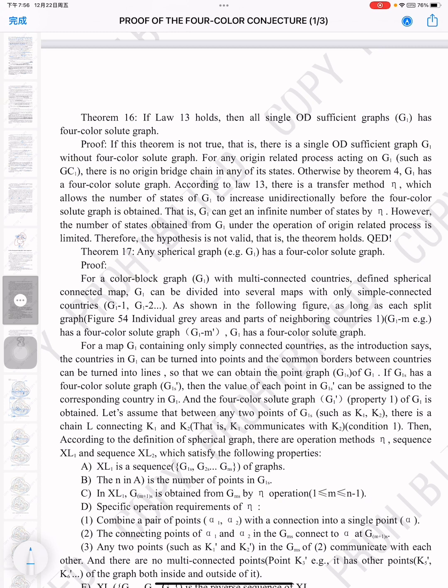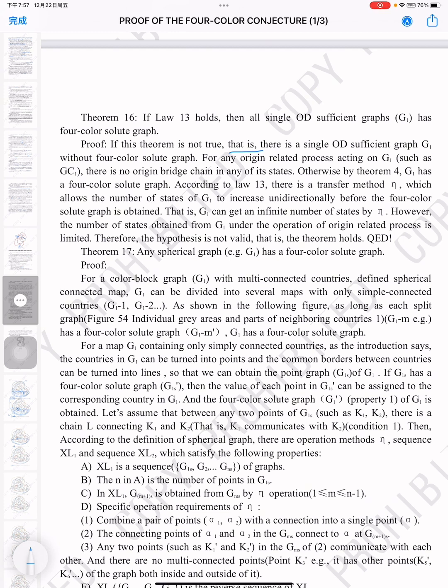Proof. If this theorem is not true, that is, there is a single OD sufficient graph G1 without four-color absolute graph. For any origin-related process acting on G1, such as GC1, there is no origin bridge chain in any of its states. Otherwise, by theorem 4, G1 has a four-color absolute graph.